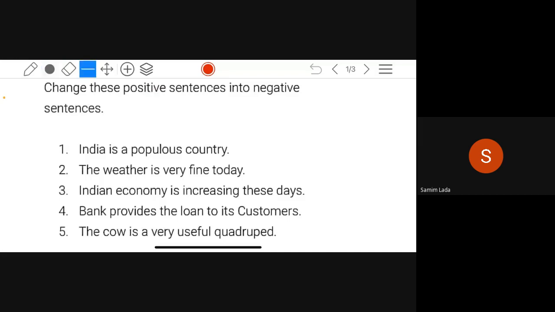I want the first answer. I don't think you have to think much about it. It's a piece of cake. India is not a populous country. Yes.